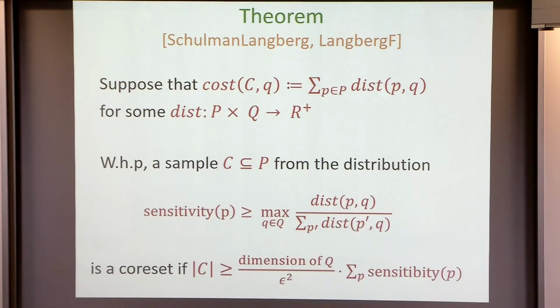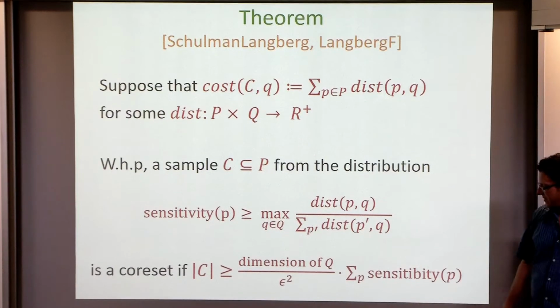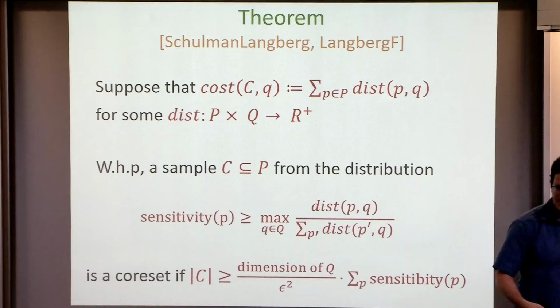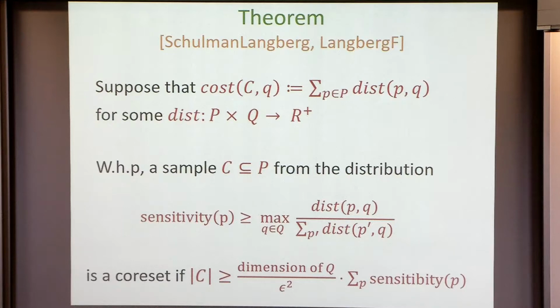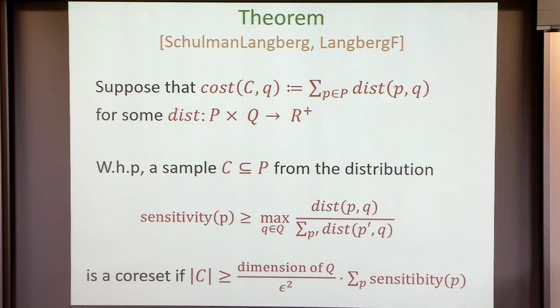If you sample according to this distribution, you can get a coreset, as we defined in the previous slides, and the size of the coreset, the number of samples, is the VC dimension of Q, or something very related to the VC dimension of the query set, divided by epsilon squared, which is the error size, like in Chernoff-Hoeffding bounds. And this is the sum of all the sensitivities that you found.